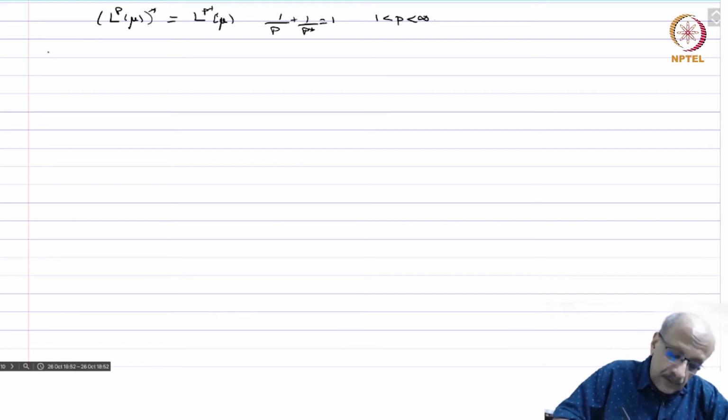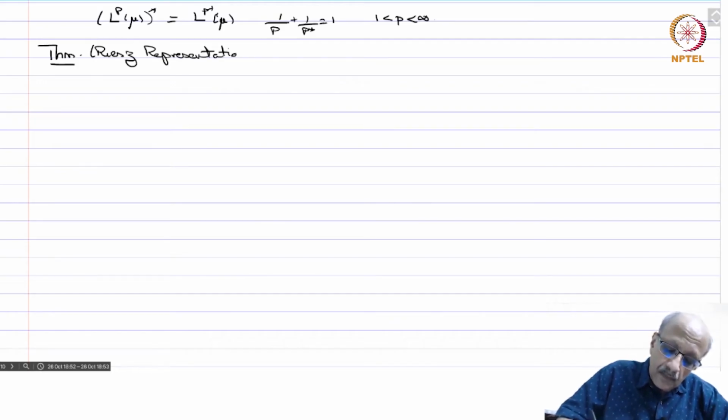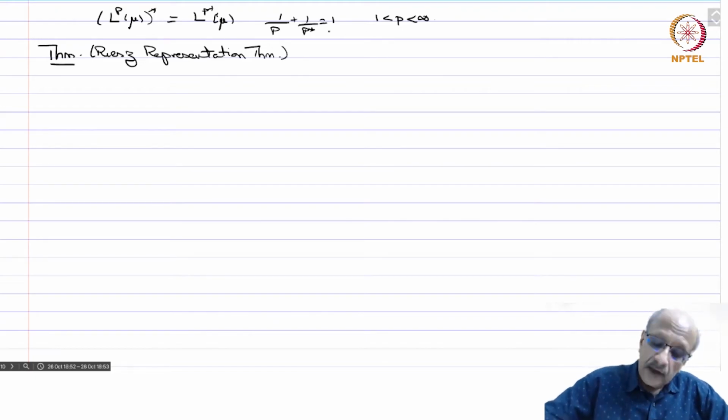So, theorem. This is also called the Riesz representation theorem. Let omega contained in R^n be an open set.